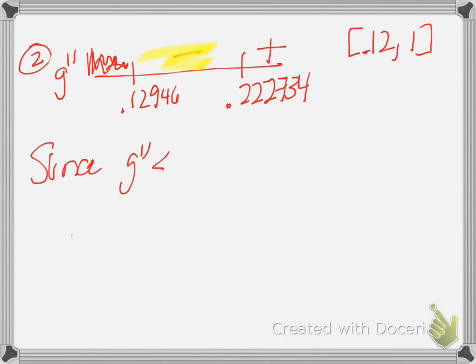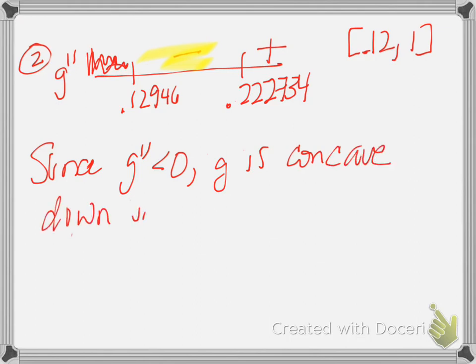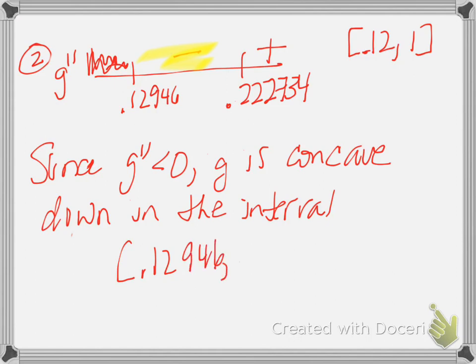Since G double prime is less than 0, G is concave down in the interval 0.12946 to 0.222734. You could word it a little differently. You could just say it's concave down in this interval because G double prime is less than 0.